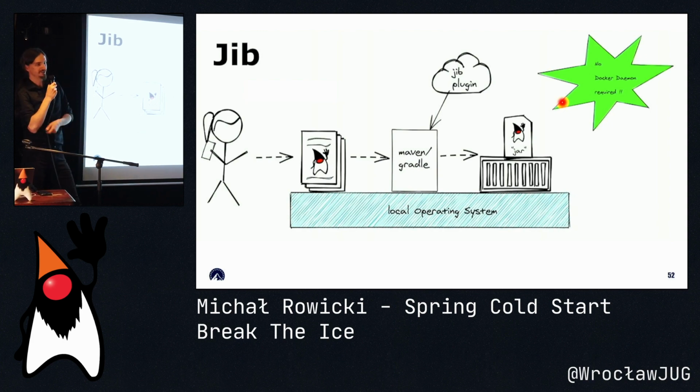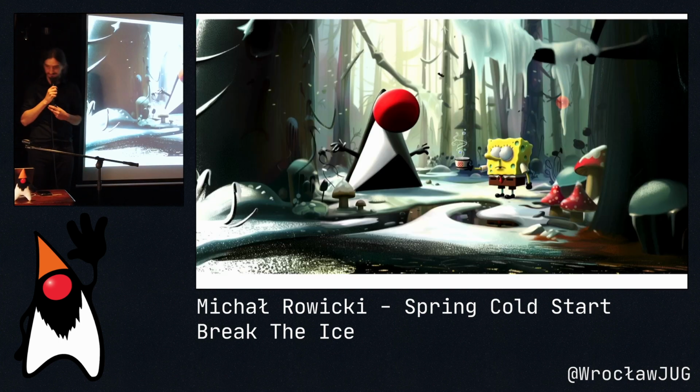So if for some reason your DevOps team wouldn't like to provide you workers with the Docker daemon, you can use Jib and produce images as tarballs or push to different repositories without Docker. So from my perspective, this one gives value compared to Buildpacks. Another demo.